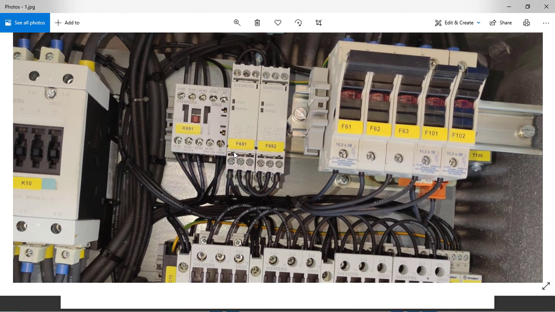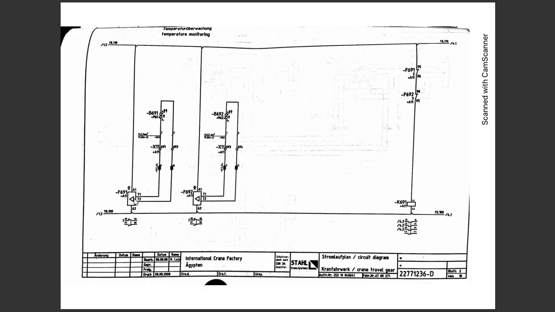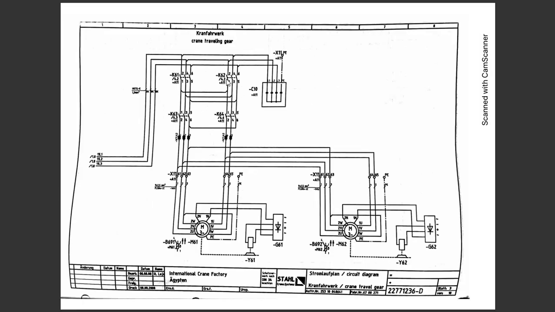As you can see here, this is our relay F691, F692. Here, if the temperature is in a good condition, this resistance will be low, so this relay will be working. But if the temperature has a higher value, the resistance will be very high, which will make this relay not work. So when this relay is not working, it will open the circuit of those contactors.